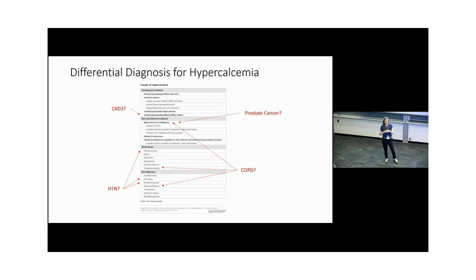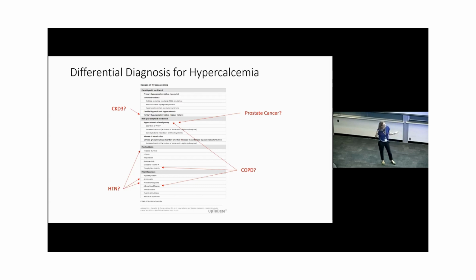And then finally, this patient has a history of prostate cancer. Maybe they have metastatic prostate cancer. Is that doing it? Again, I think that's unlikely. Prostate cancer is much more likely to cause osteoblastic mets, and those aren't associated with hypercalcemia, right? We're looking for those osteolytic mets that cause resorption of bone, and those are usually what contribute to the hypercalcemia.